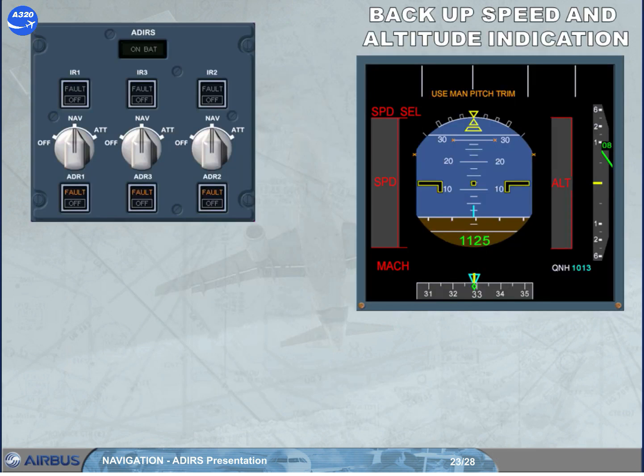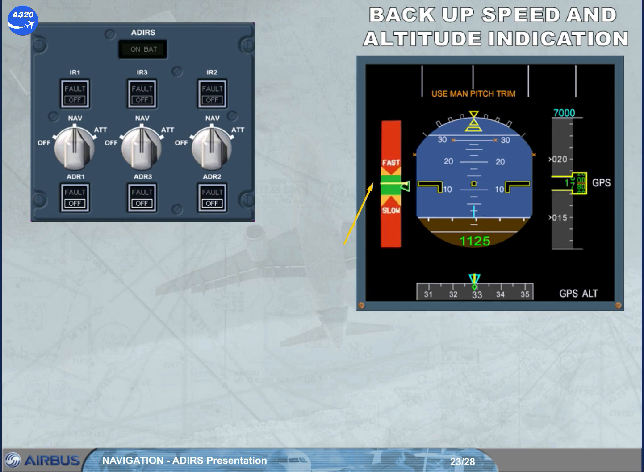In case of unreliable airspeed indications, for example after the 3 ADIRS failure, the backup speed and altitude indication are available on both PFDs, provided the 3 ADIRS have been set to off. The speed scale is replaced by a backup speed scale, BUSS, based on the aircraft's angle of attack information and on the slat flap configuration from SFCC.